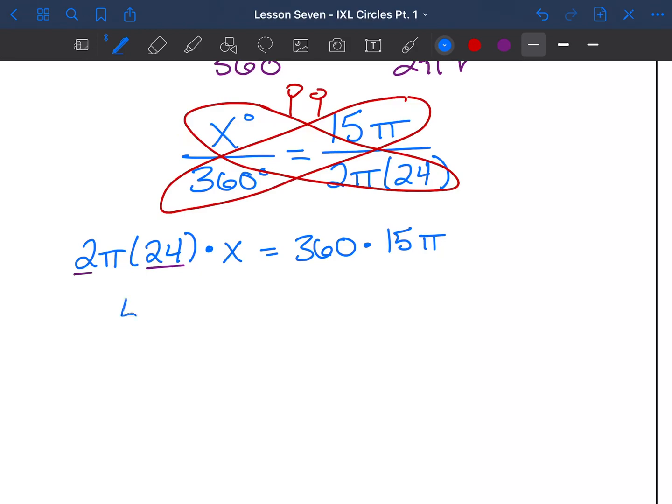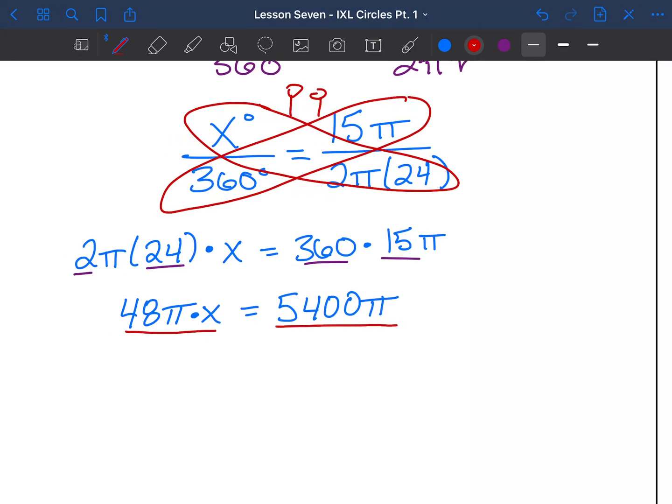So 2 times 24, that's going to give me 48 pi times x equals, multiply the numbers, 360 times 15. You get 5,400 times pi.